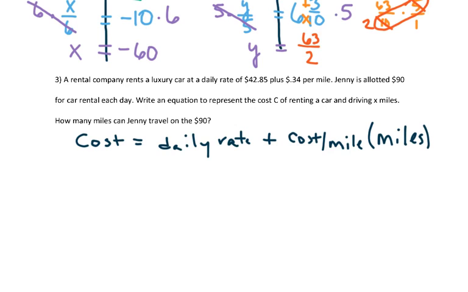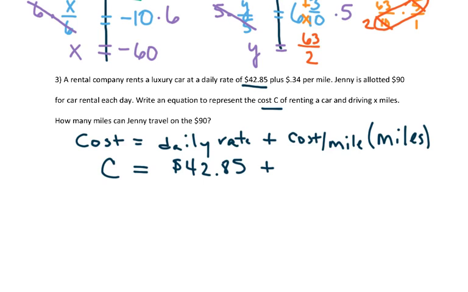So if we start plugging numbers in, it says the cost, C, so we're going to use C for cost, equals the daily rate, so that's $42.85. We have to pay that no matter what, and then we have to pay for the cost per mile.